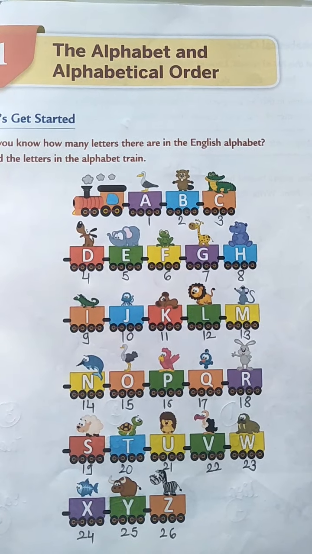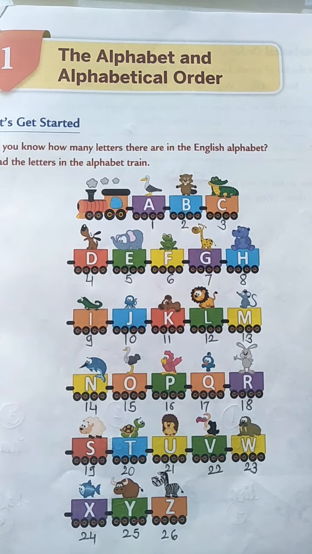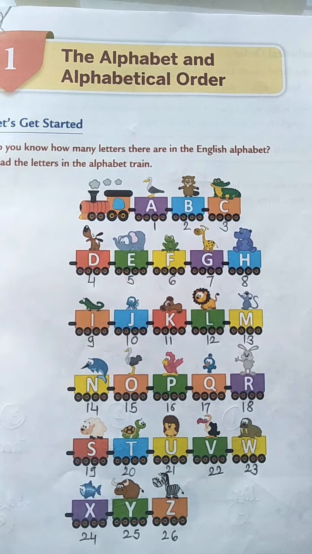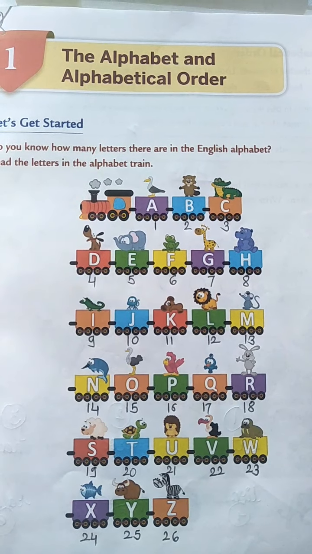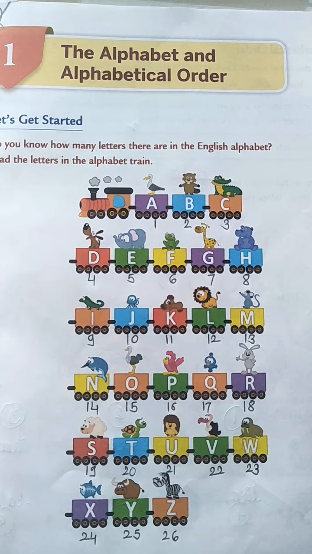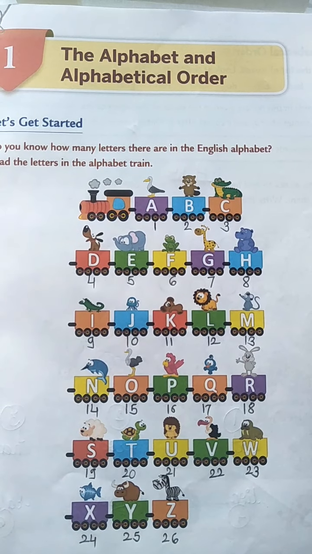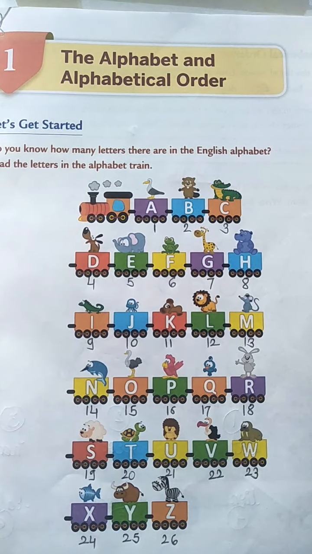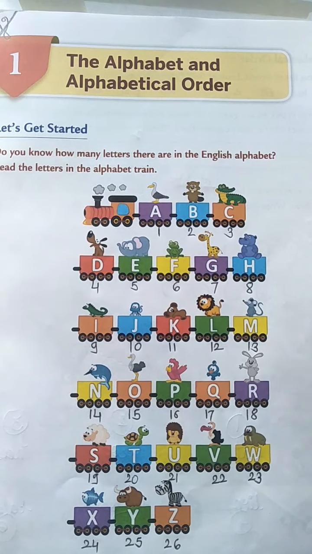Now tell me, how many letters are there in English alphabet? I have told you in the last video. Yes, there are total 26 letters in the English alphabet. Let's see how it is.